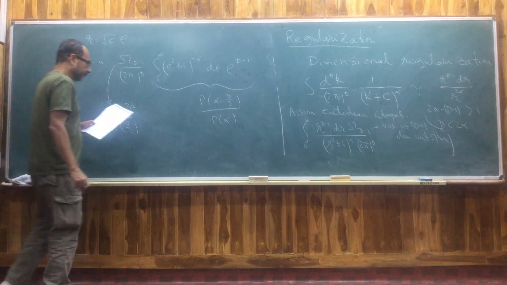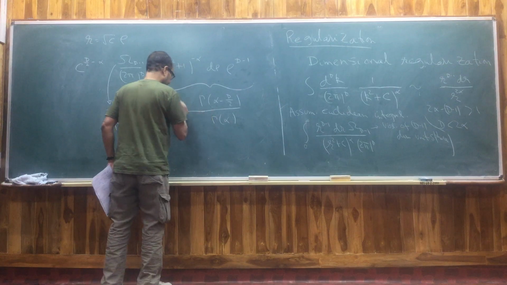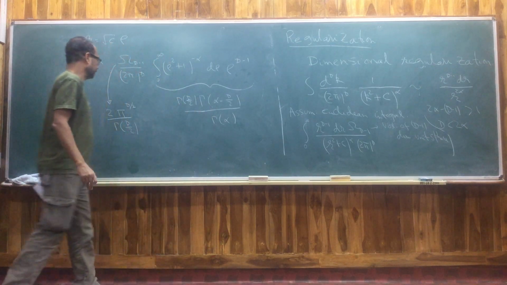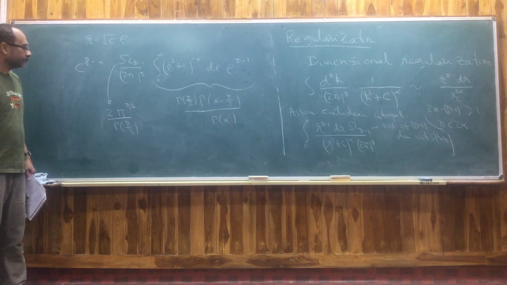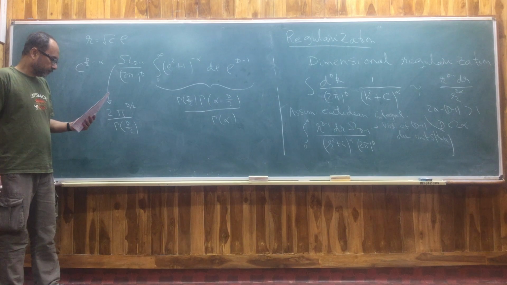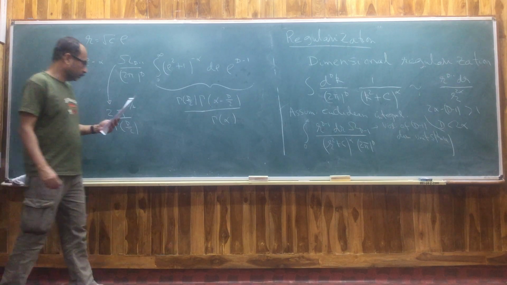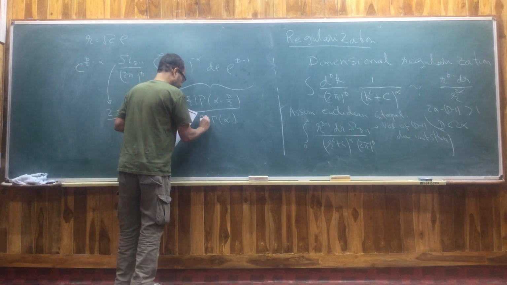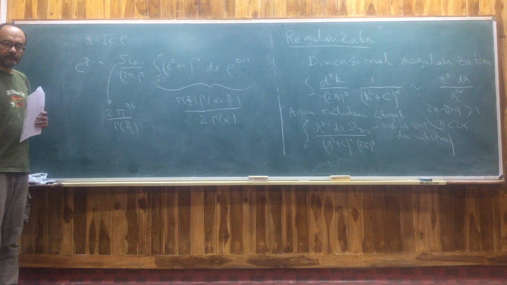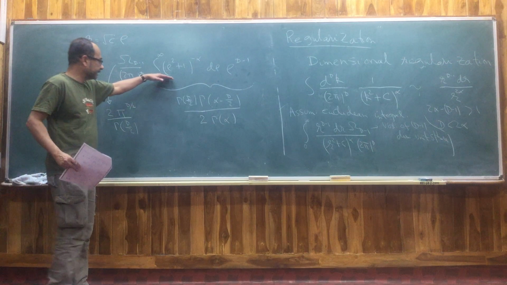Here I made a mistake. There is a gamma of d by 2 here. So the full formula has a gamma of d by 2, and I think there is also a 2. So this integral gives you this.